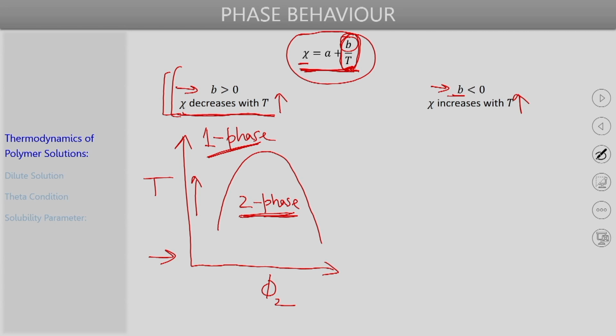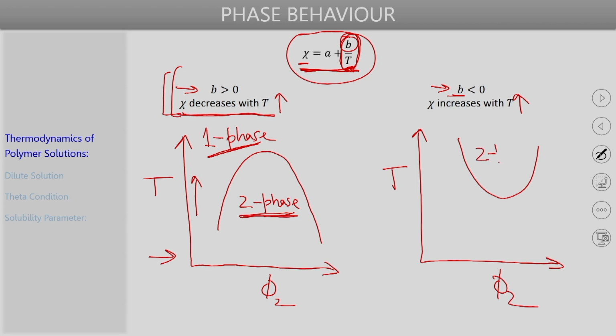So, in this case, if we again try to draw temperature versus volume fraction kind of phase diagram for our polymer solution, then the kind of phase behavior that might be expected looks something like this, where again we have two phase and one phase regions, okay, and the curve that we have, that is basically the phase boundary separating the two phase region from the one phase region.